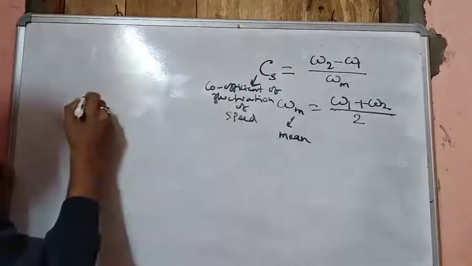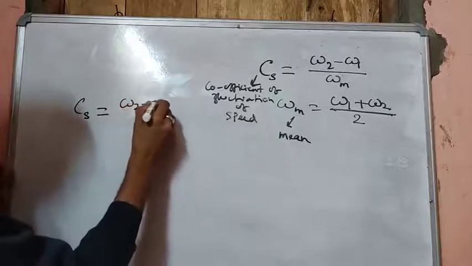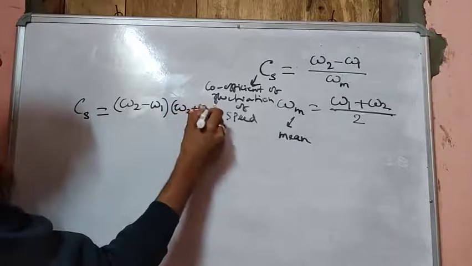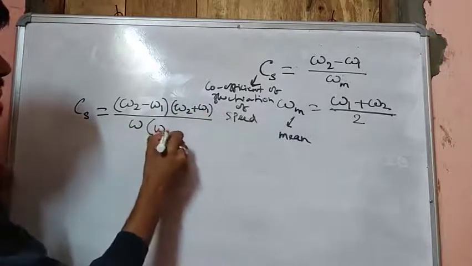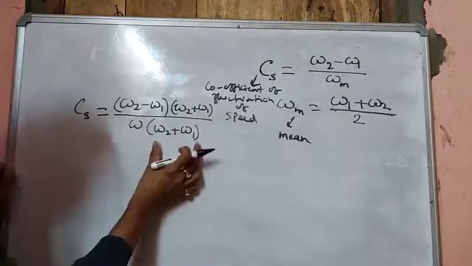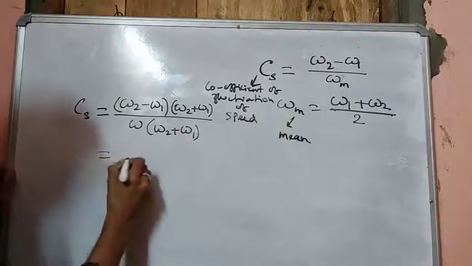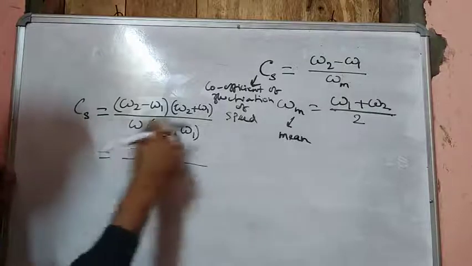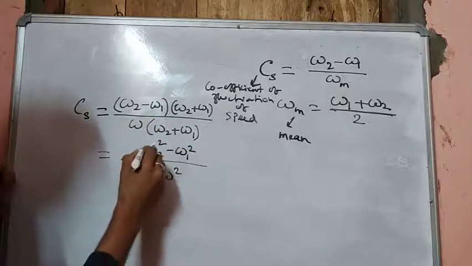We can write the coefficient of fluctuation of speed equals omega 2 minus omega 1. We multiply with omega 2 plus omega 1 in the numerator and denominator. This quantity is nothing but twice omega m, so in the denominator we have twice omega m square, and in the numerator we have omega 2 square minus omega 1 square.